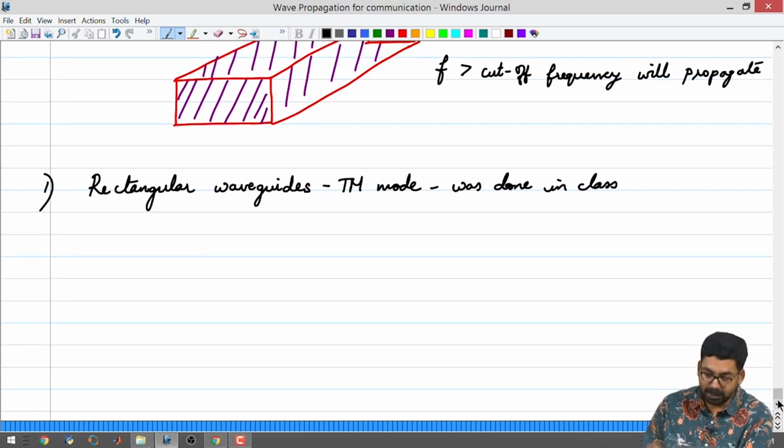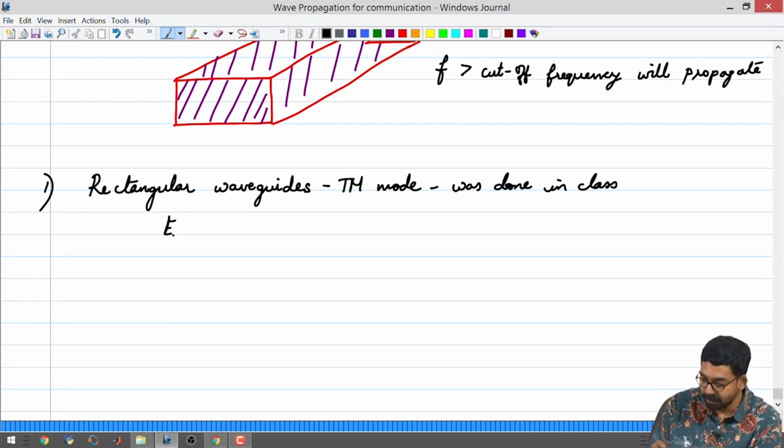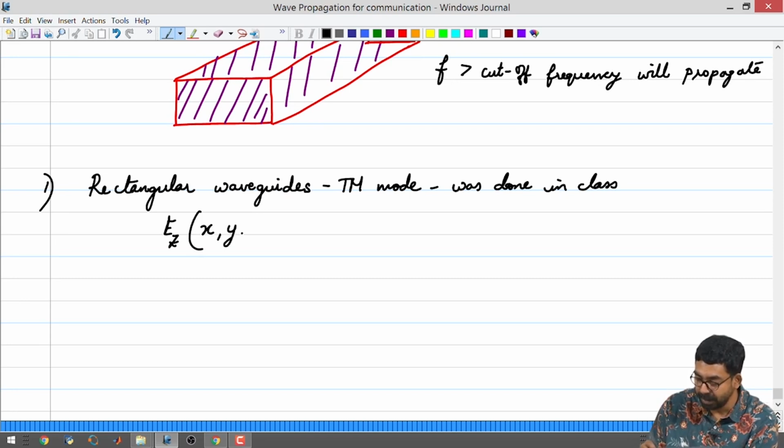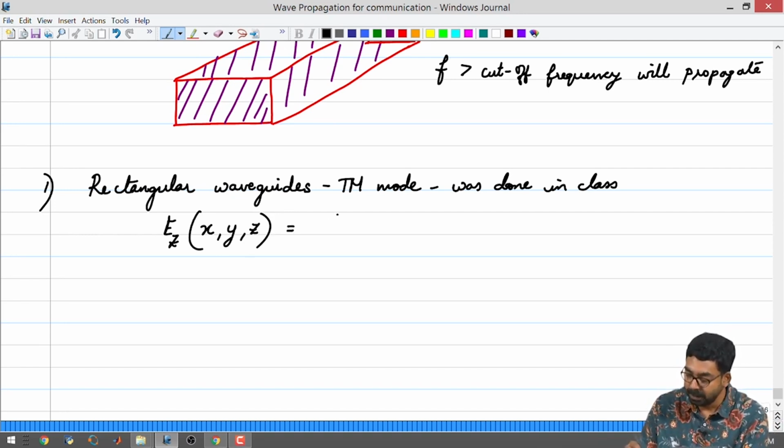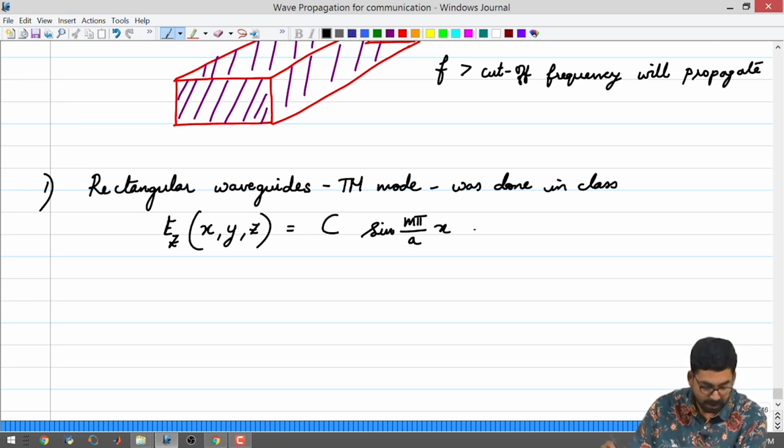And from the prior lecture, I just had the description for Ez as a position, depending upon the x, y and z coordinates, looking like a constant c times sine m pi by a into x, sine n pi by b into y.